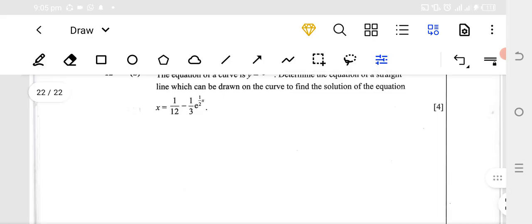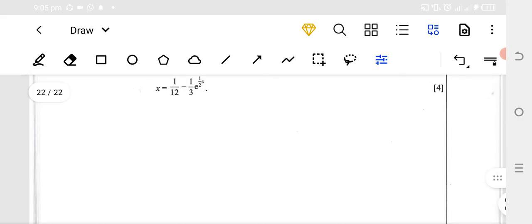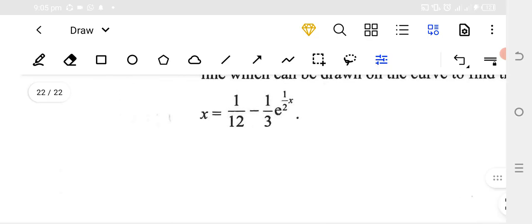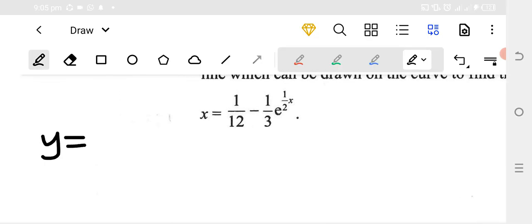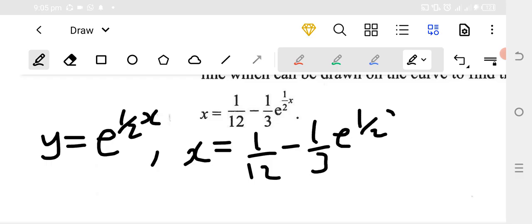Here you don't even need to start overthinking. This is a free 4 marks. y is equal to e to the power half x. That's our first equation. Then we have x is equal to 1 over 12 minus 1 over 3 e to the power half x.